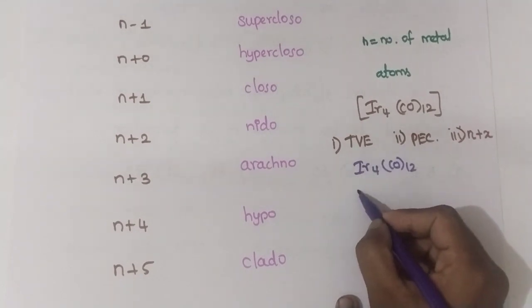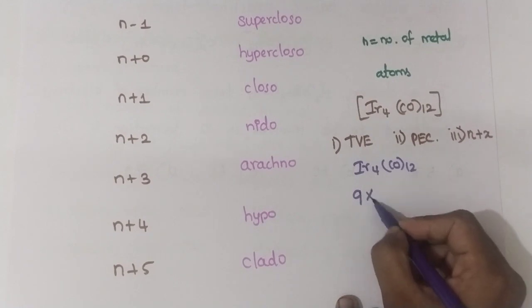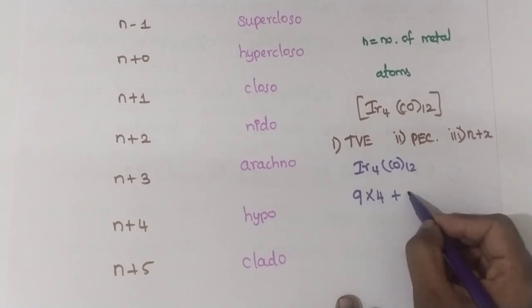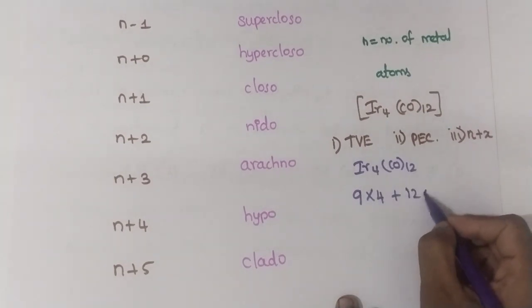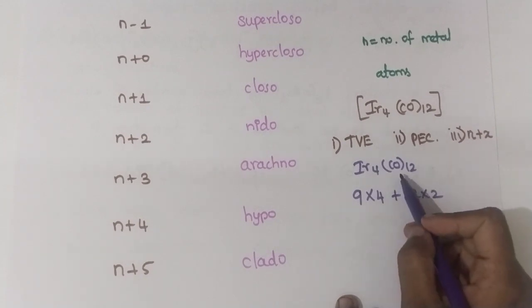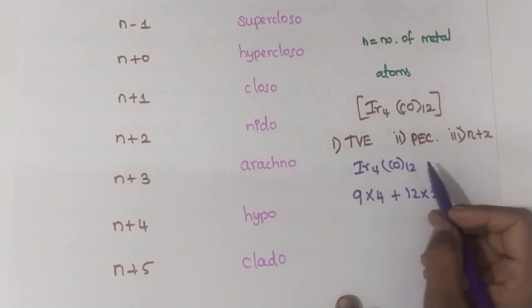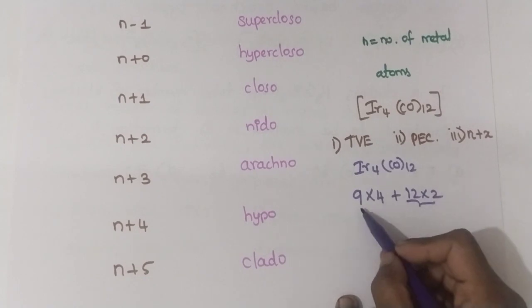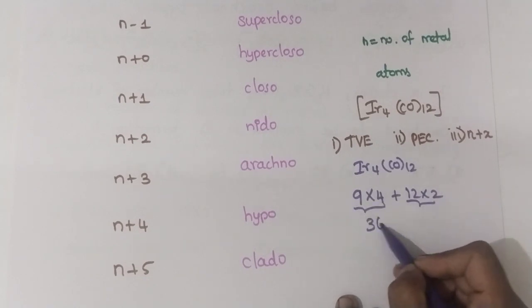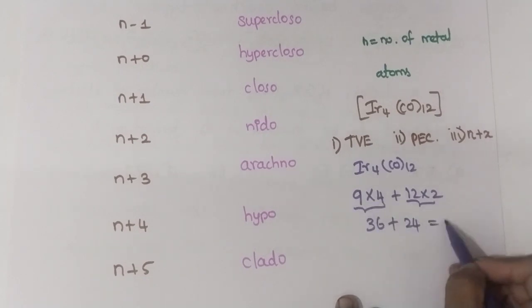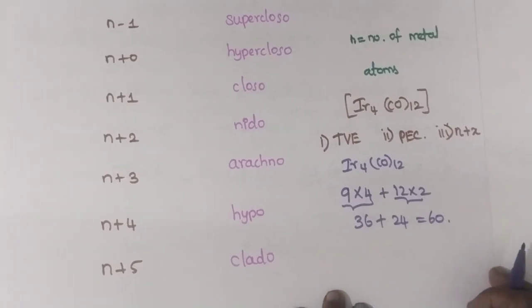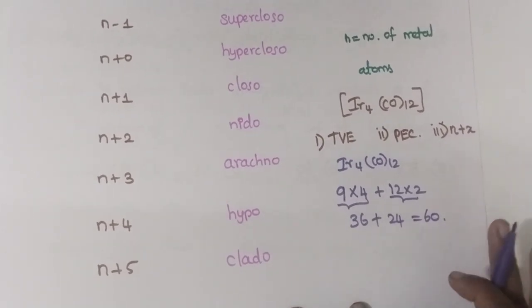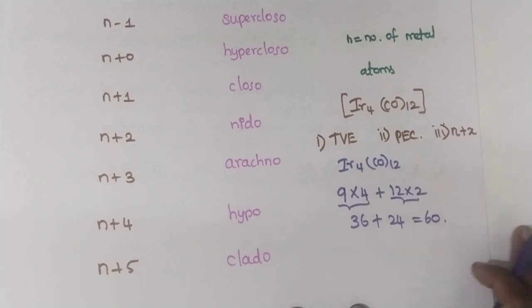Hence, iridium will have 9 valence electrons. So 9 into 4 plus 12 into 2, because each carbonyl can donate 2 electrons, right? So 12 into 2 is 24. Here the total is 60. This is what is known as the total valence electron count.